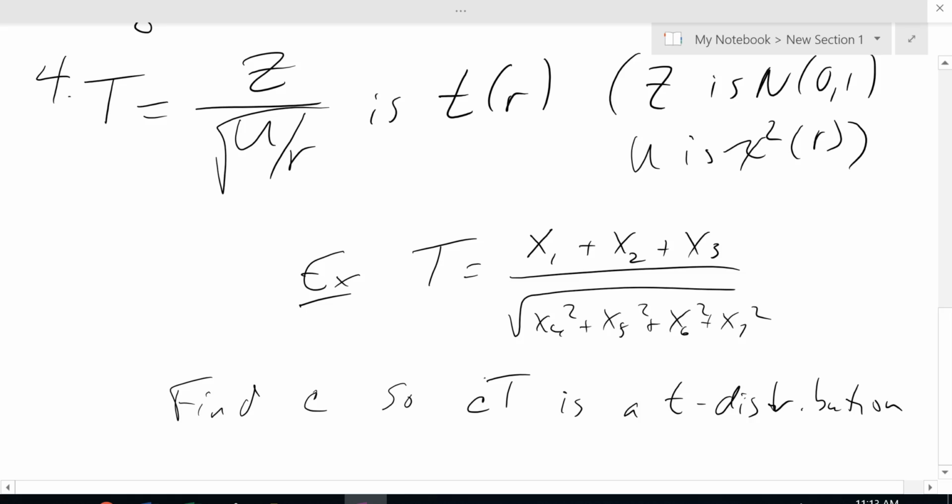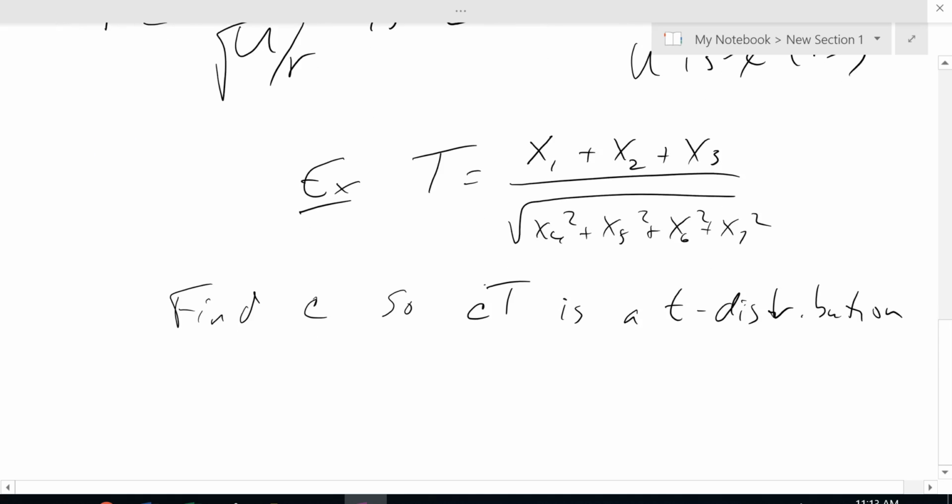Right now, I took the sum of normal distributions, and we know that sums of normals are normal. The mean is not going to change because the mean of all of them is 0. But what's the variance going to end up on top? 3, right?